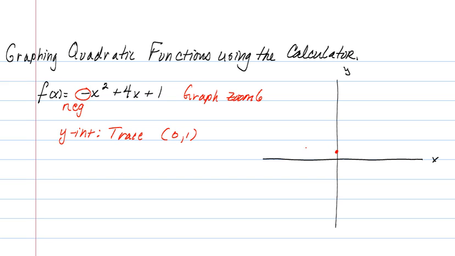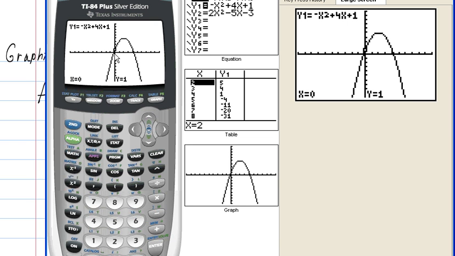So we'll say there's our 0, 1 y-intercept. Now let's go back to the picture. We've got our y-intercept. We want to find both x-intercepts, and this maximum value, the vertex of our quadratic. Let's work on the vertex next.